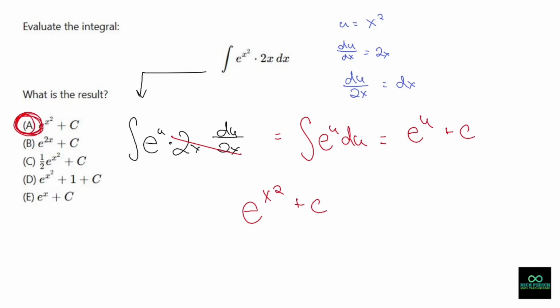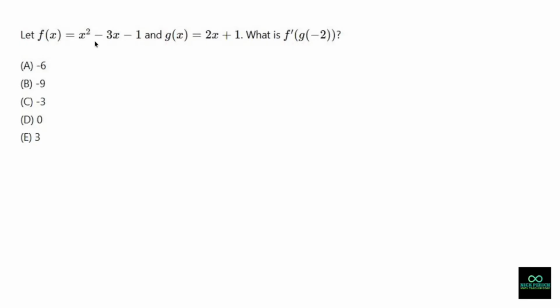Not bad. Let f of x equal x squared minus 3x minus 1 and g of x equals 2x plus 1. What is f prime of g of negative 2? Well, let's start out by finding g of negative 2. G of negative 2 is going to be 2 times negative 2 plus 1, which is going to be negative 4 plus 1, which is going to be negative 3.